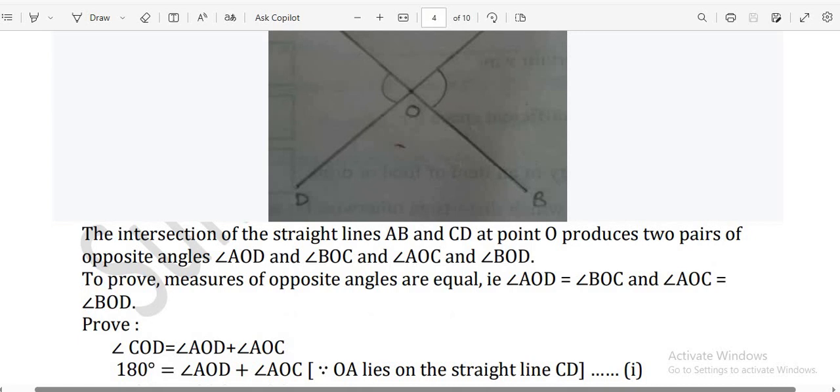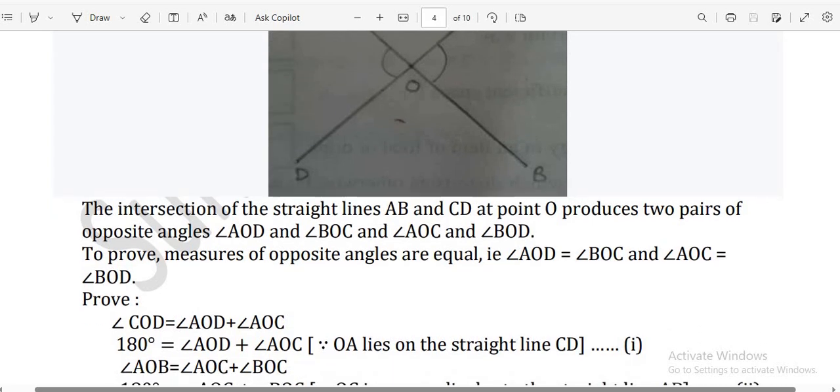Proof. Now, when we observe the above diagram, angle COD is equal to angle AOD plus angle AOC. We can say 180 degrees is equal to angle AOD plus angle AOC, as OA lies on the straight line CD.